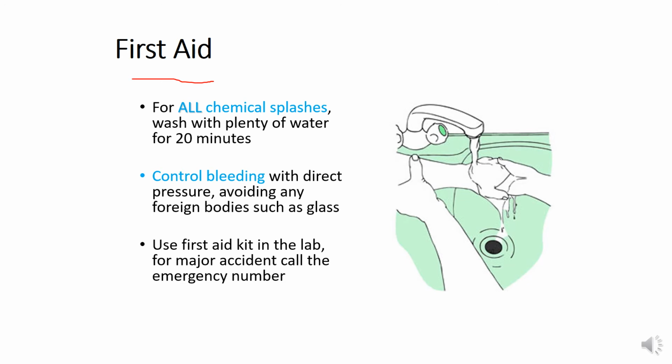For example, if there is a minor cut on your skin, first wash that particular area, so that any chemical or contamination on your body is washed out. Then also try to control the bleeding, and then you can use the first aid. There are different kinds of bandages available in the first aid kit. After that, if you think your cut or injury is very severe, you can visit the doctor or the hospital. This is very important.